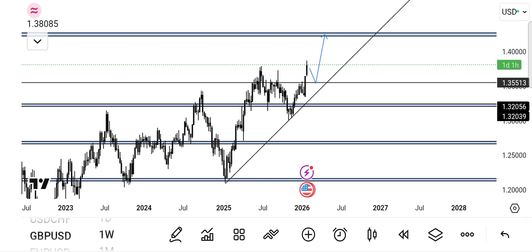Now, what is the secret of entering a trade, knowing that this market is full of probability, risk management, and edge? When you have your edge, what is an edge?